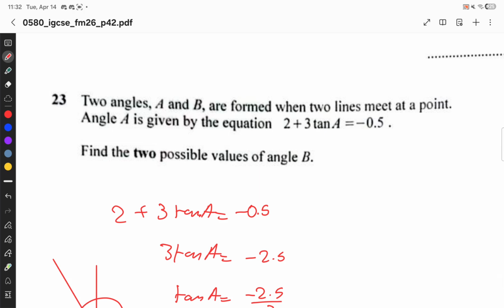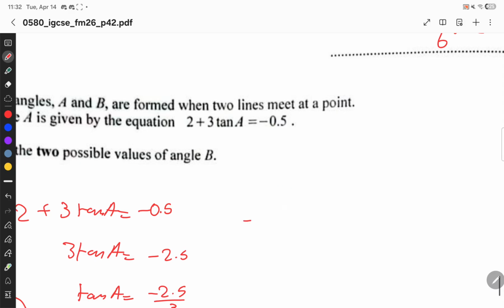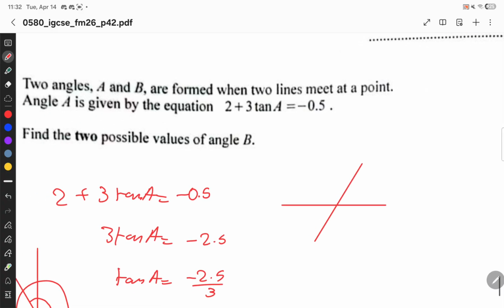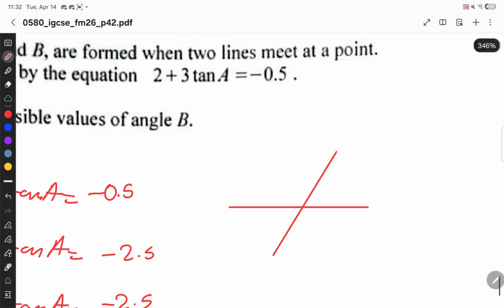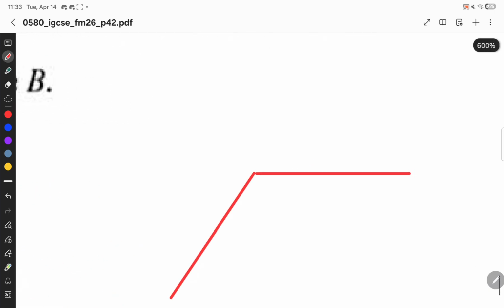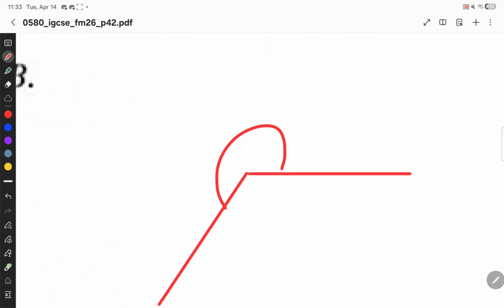Okay, find two possible values of angle B. Now let's have one of the lines be this, and the other line will be this. Angle A and B are formed. We do not know what A and B are. Now we can just have it like this. This means angle A is either this big angle or a small angle.